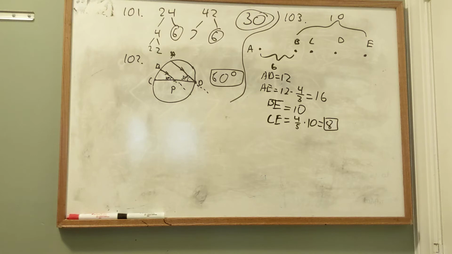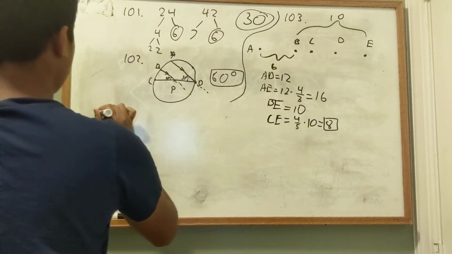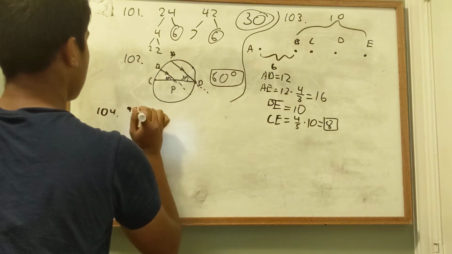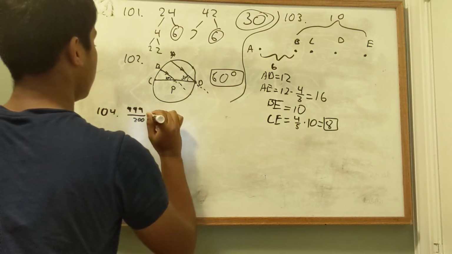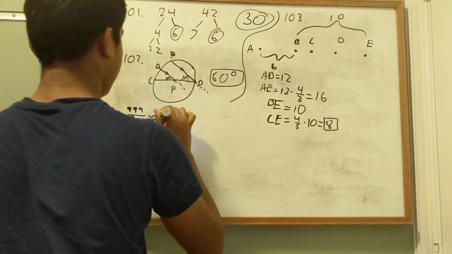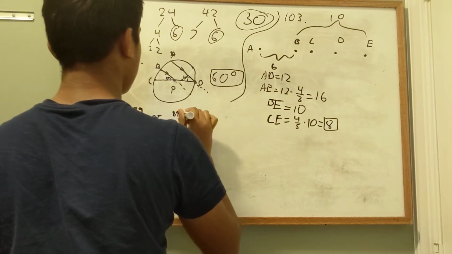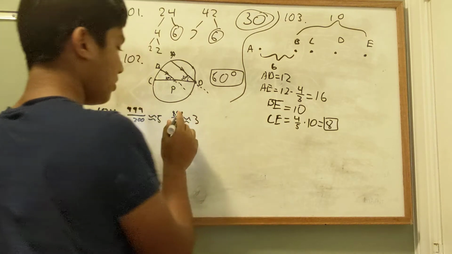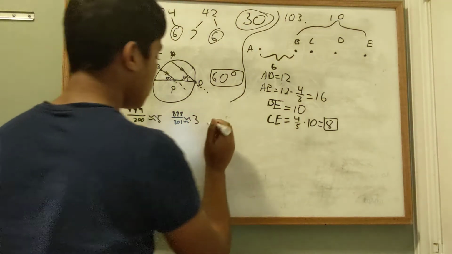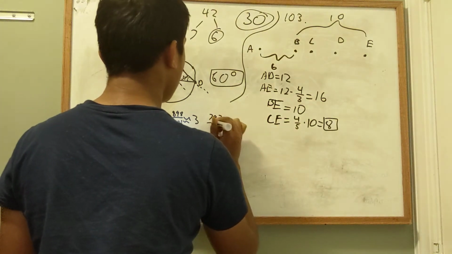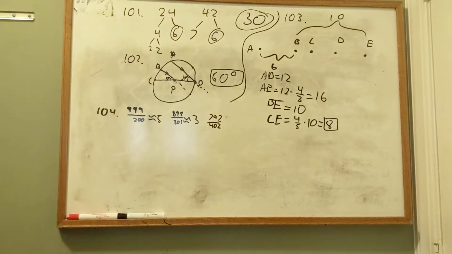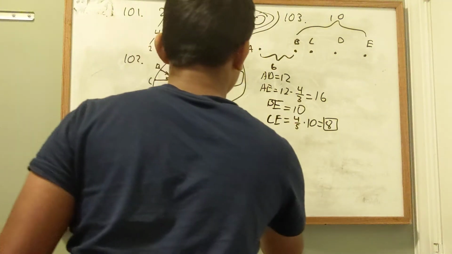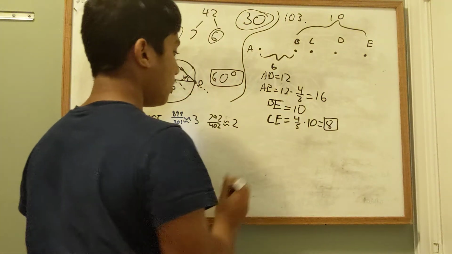So 104 asks us, what integer is closest to this thing? 999 over 200 is approximately 5. 898 over 301 is approximately 3, because 900 divided by 300, 1000 divided by 200. 797 over 402, is approximately 2, because 800 divided by 400.